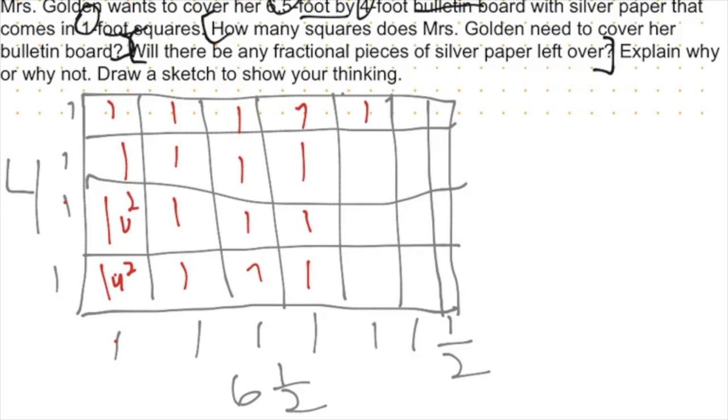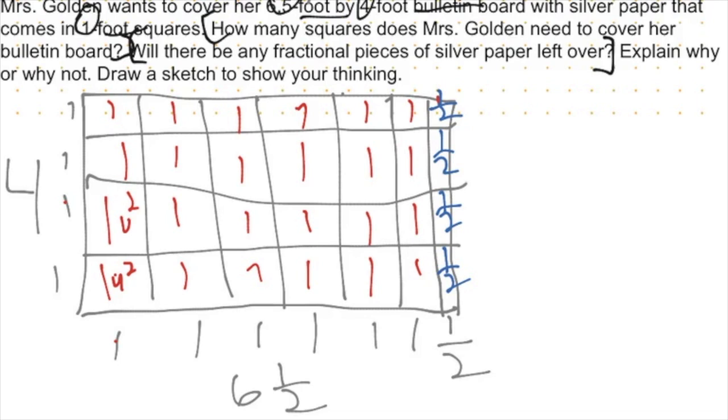All of these are ones until we get to the 1 half column. So I have 1 times 1 half. So each of these will be 1 half, 1 half, 1 half, and 1 half. Let us count.